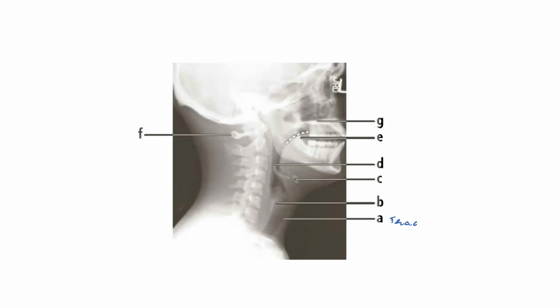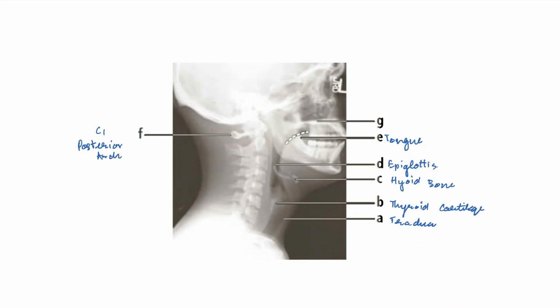A is trachea, B is thyroid cartilage, C is hyoid bone, D is epiglottis, E is tongue, F is posterior arch of C1 vertebra, G is hard palate.